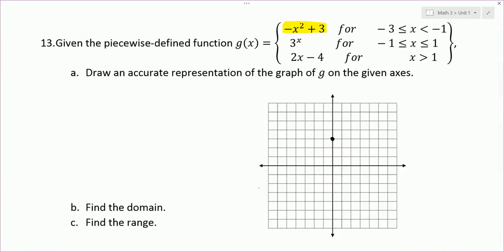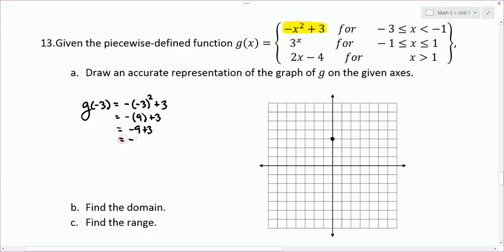let's plug in a -3. Careful here, the equation has a negative, and x is also negative. So I'm putting what I'm plugging in parentheses. Follow order of operations. So -9 plus 3 is -6.